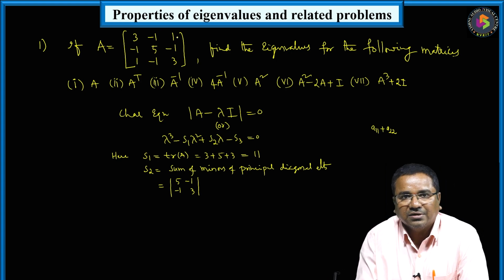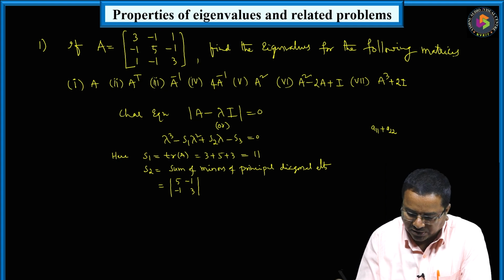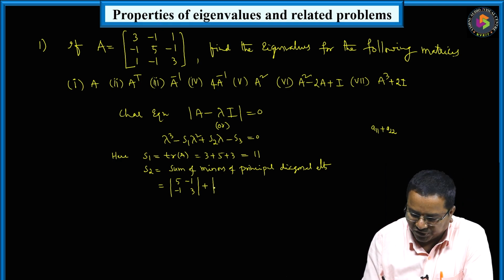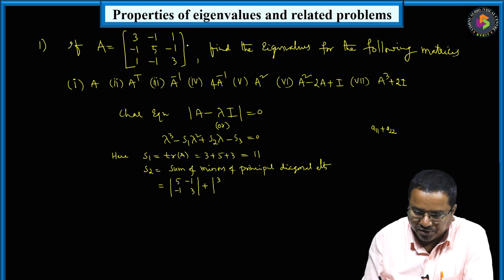The elements lying in that row and column are deleted, and the determinant of the remaining 2 by 2 matrix is the minor of that element. Now the minor of A22 is obtained by deleting the second row and second column, which gives the determinant of 3, 1, 1, 3.